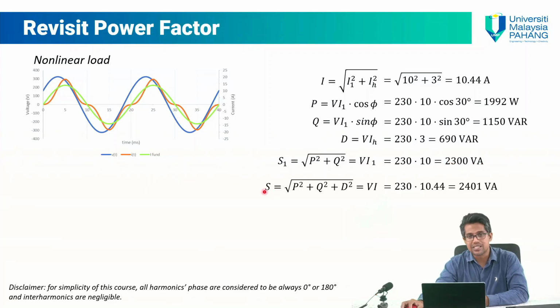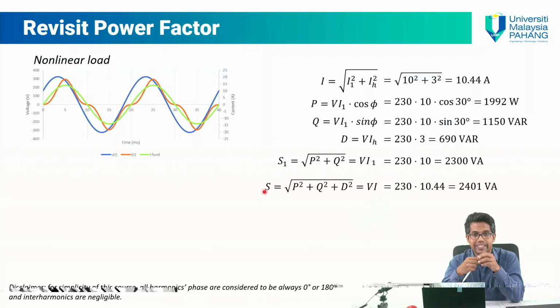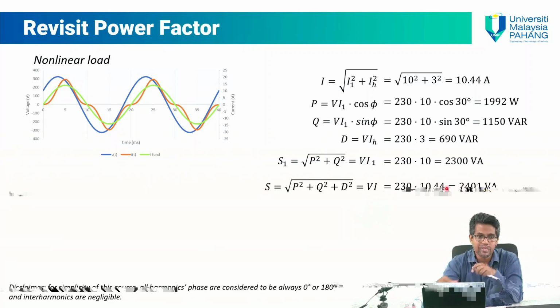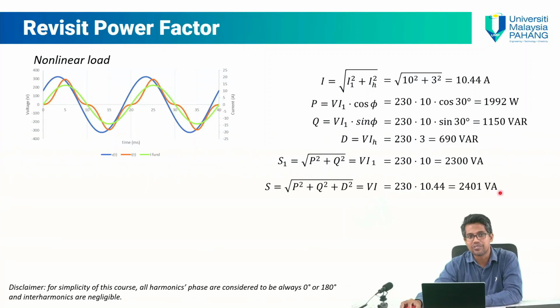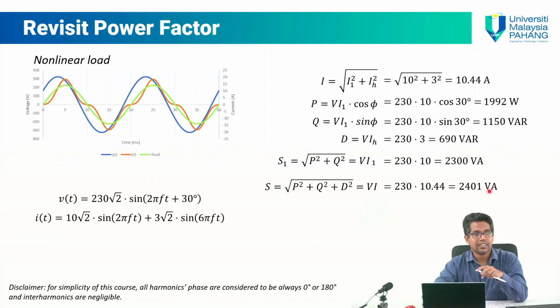And S is the final apparent power. It's the sum of all three, P, Q, and D, or you can calculate it by VI, and we got 2401 VA. Now, this is the equation for the waveform.